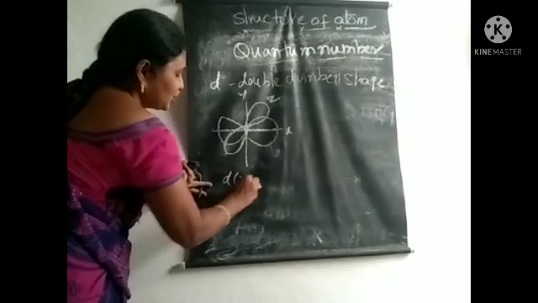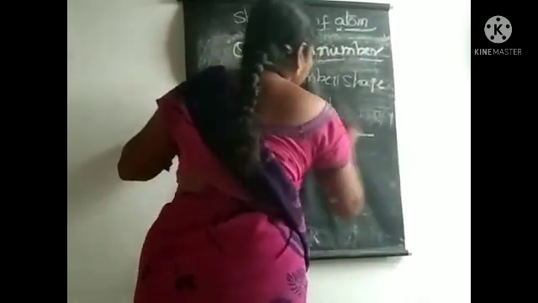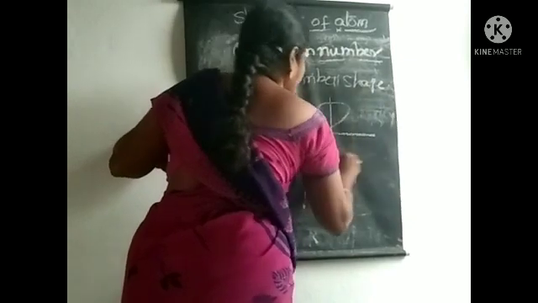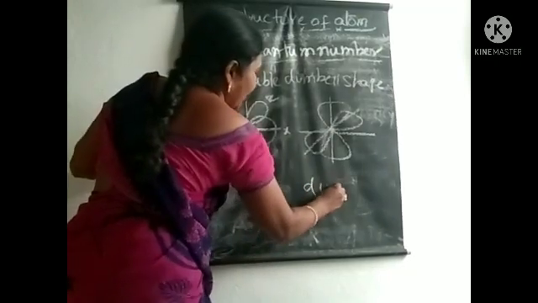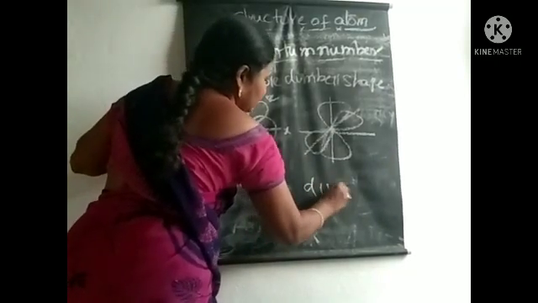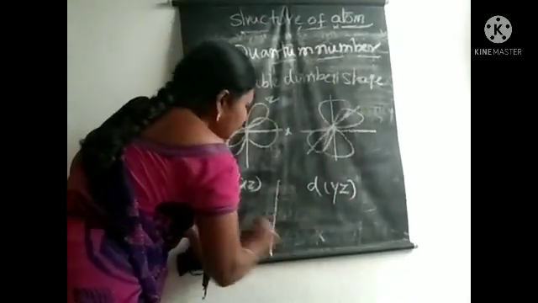Dxz. This is dxz. Here observe. Dyz. Here you can observe.